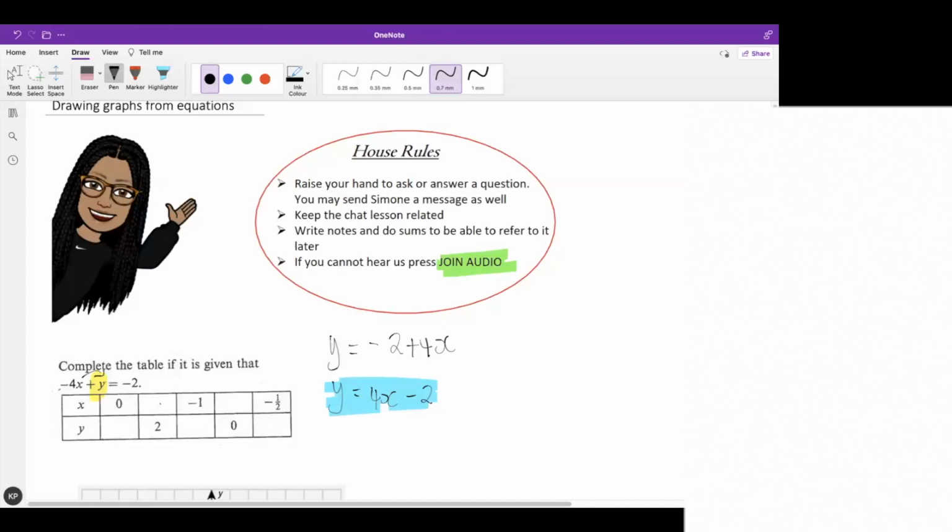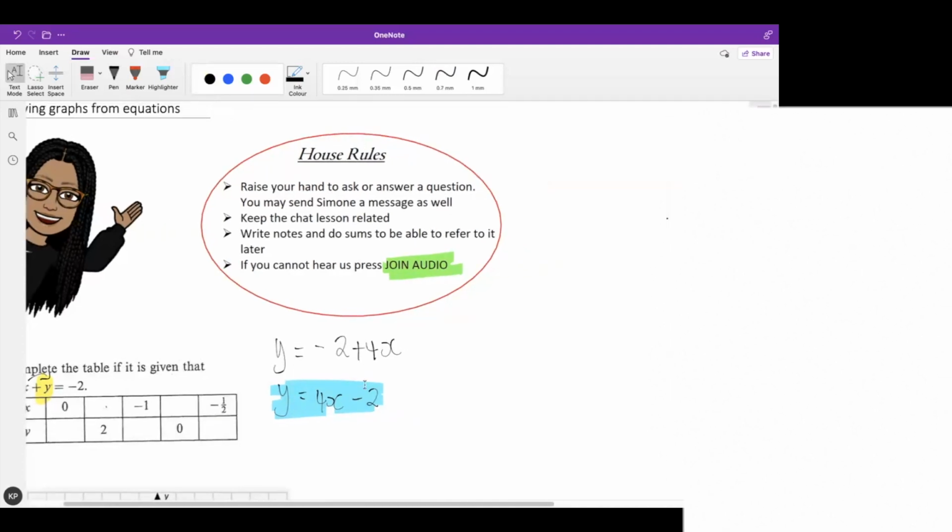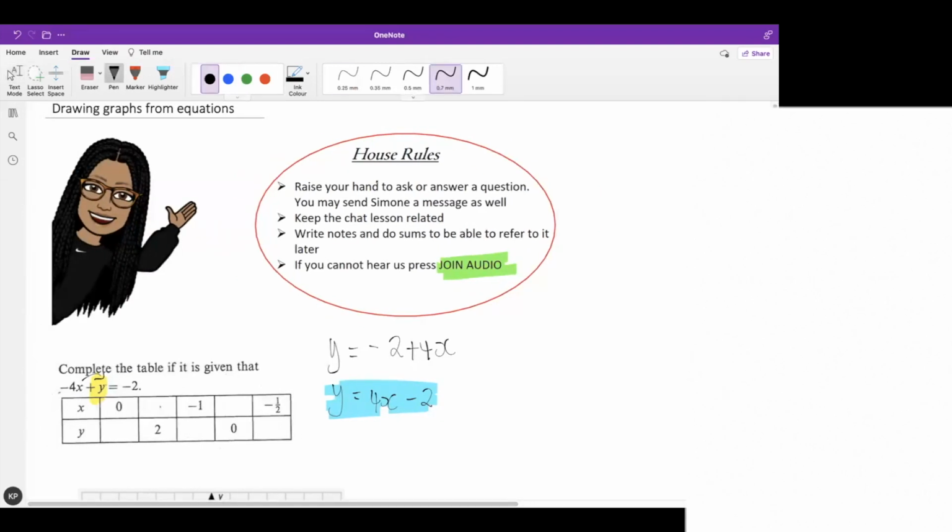So your equation is 4x minus 2. So you're going to substitute 0 with x. So your equation is going to be 4 and 0 in brackets where the x is minus 2. Let's see.